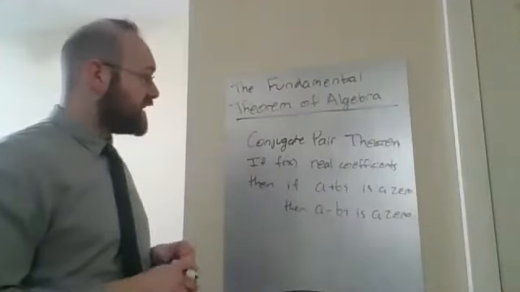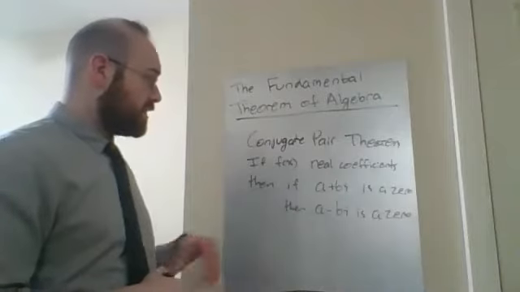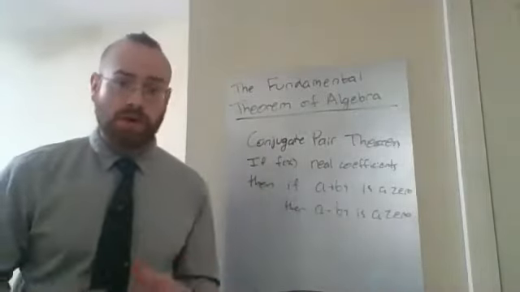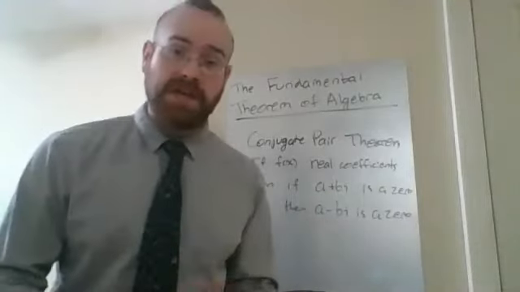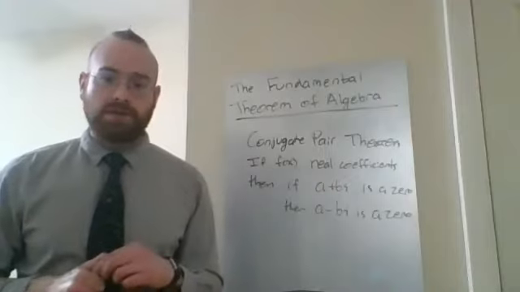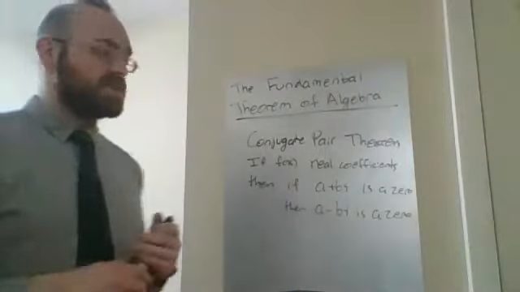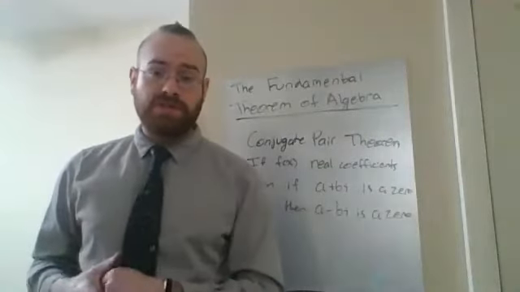So if f of x is a polynomial with real coefficients, and we know that a plus bi is a 0 of the function, then its conjugate, a minus bi, is also a 0. It's called a conjugate pair because all of our imaginary zeros of polynomials with real coefficients come in pairs.